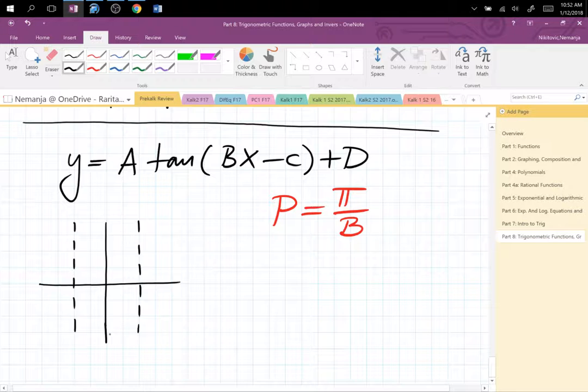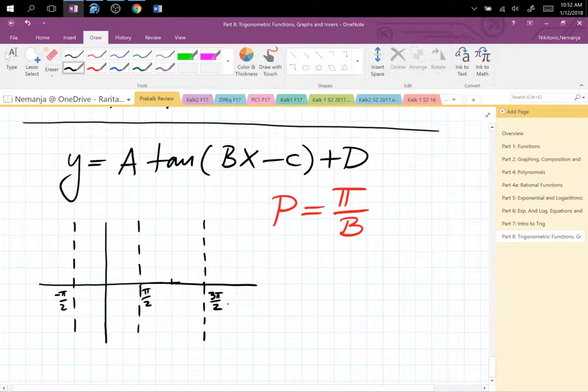And cosine is equal to 0 at pi over 2, 3 pi over 2, and negative pi over 2. So it's going to have them at all of these odd multiples of pi over 2: pi over 2, 3 pi over 2, 5 pi over 2. Those are the locations for our vertical asymptotes.